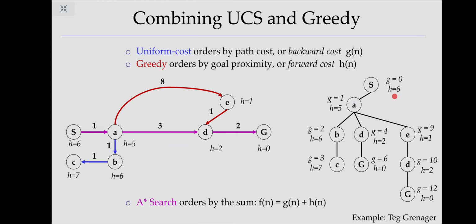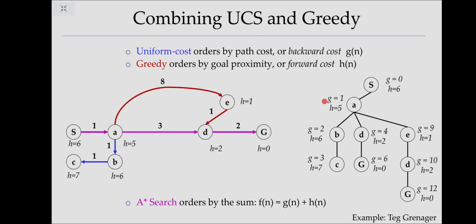For a starting node, G is 0 because there is no movement, and the heuristic is copy-paste, 6. 6 plus 0 is 6. The value is 6 because there is a single option between S and A. We move to A, but when we enter A, the information of the corresponding object should be updated.